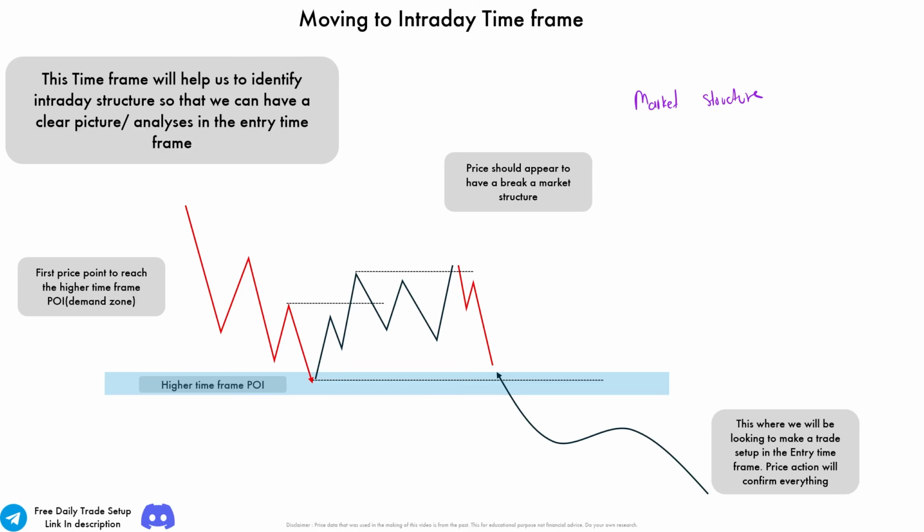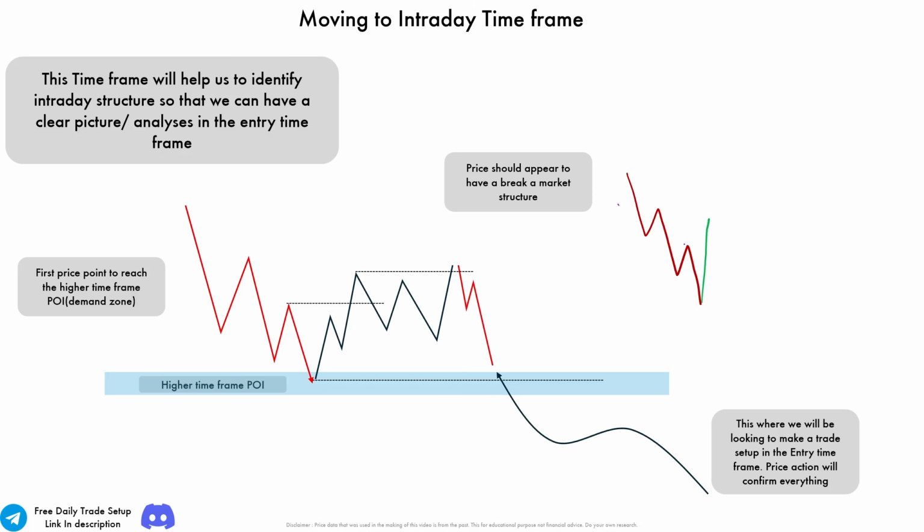But the key difference with this video is that we are not going to focus mainly on the market structure, because if we have a higher high like this, and then another higher high, and a higher low, this is the market structure that we all know about. But what happens if we have a bearish trend like this, and then suddenly a move to the upside?